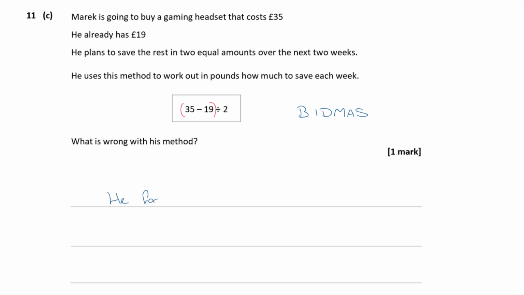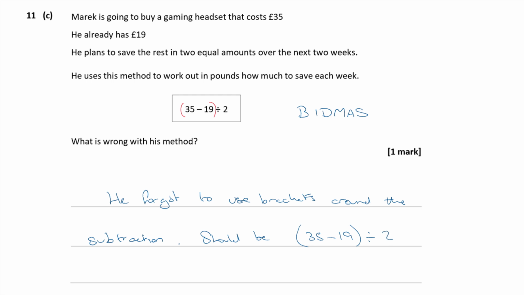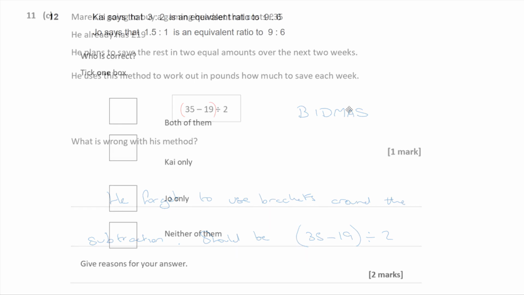He forgot to use brackets around the subtraction. It should be 35 minus 19, in brackets, divided by 2. Okay, so 35 minus 19 would be 16, and when divided by 2 is 8. So you'd have to save 8 and 8, and that together would give him 35 pounds.